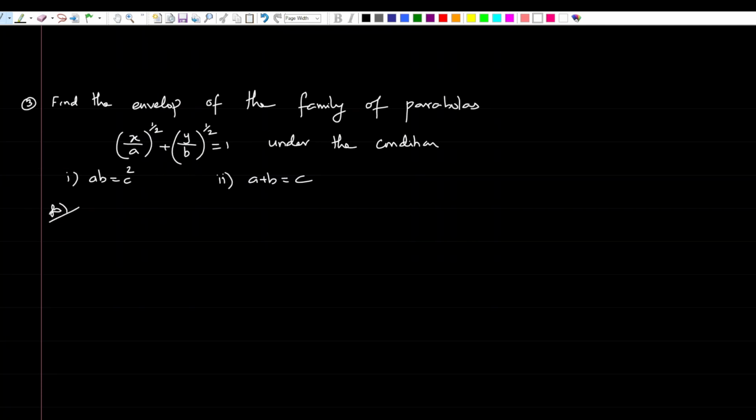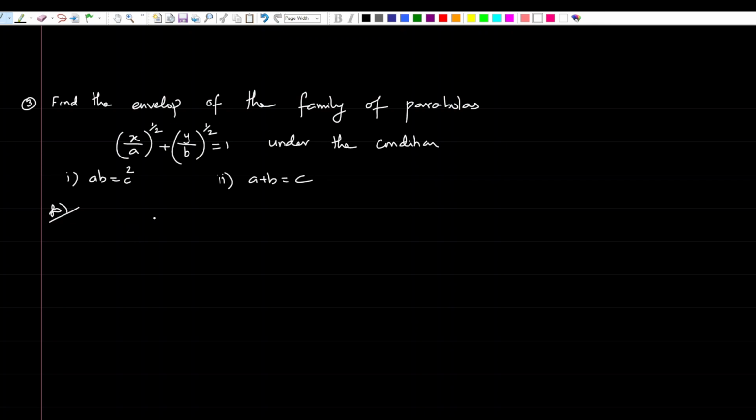Now we are going to see the third problem. Find the envelope of the family of parabolas x by a whole power 1 by 2 plus y by b raised to 1 by 2 equal to 1 under the condition ab equal to c square, and also the other condition a plus b equal to c.